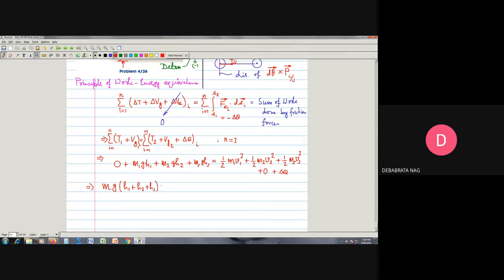This must be equal to, by taking M common, half of V1 square plus V2 square plus V3 square, plus delta Q that we are getting.